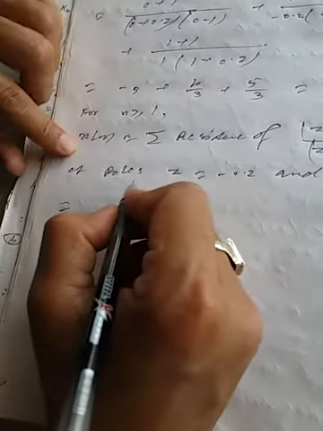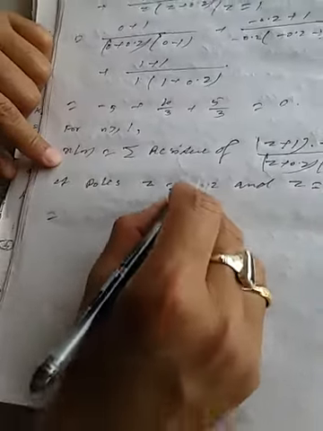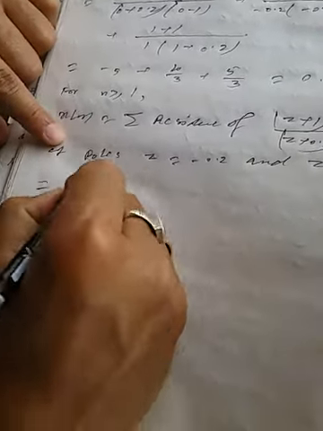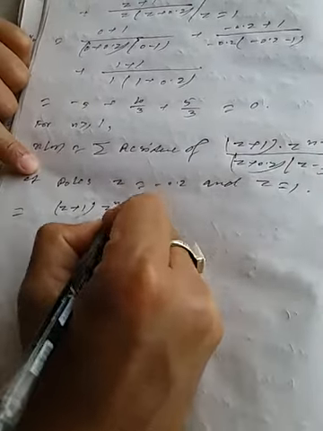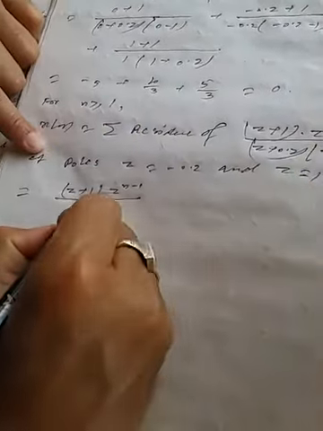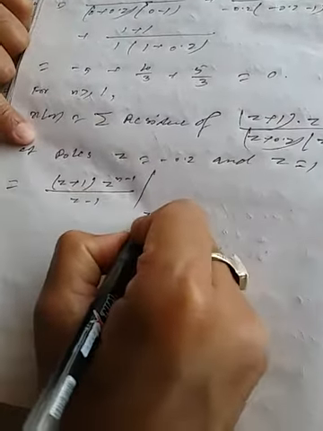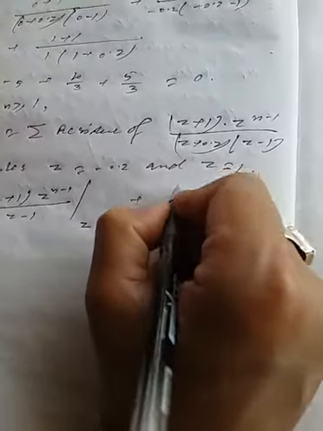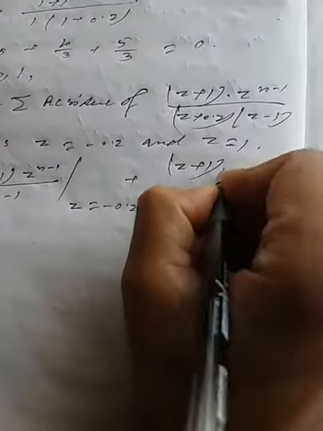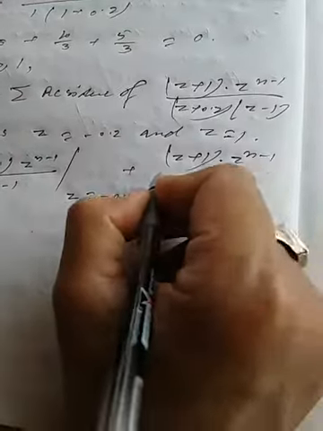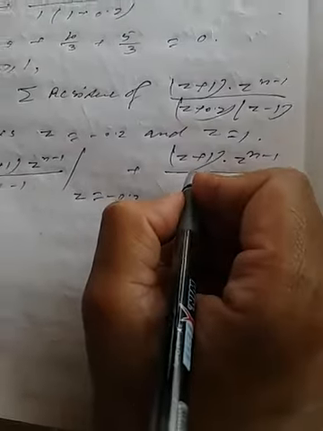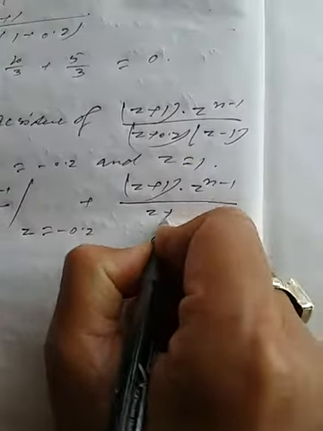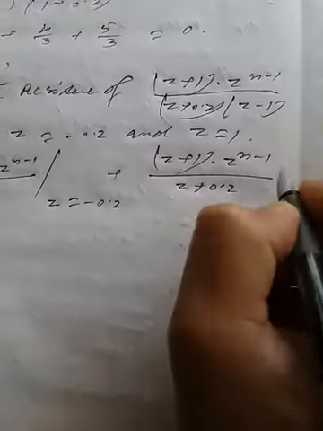So the residue at pole z equal to minus 0.2 is (z plus 1) into z to the power n minus 1 divided by (z minus 1), plus the residue at pole z equal to 1, which is (z plus 1) into z to the power n minus 1 divided by (z plus 0.2).